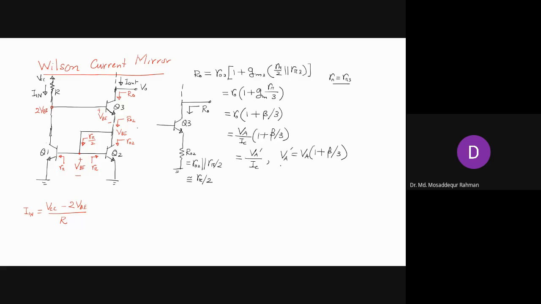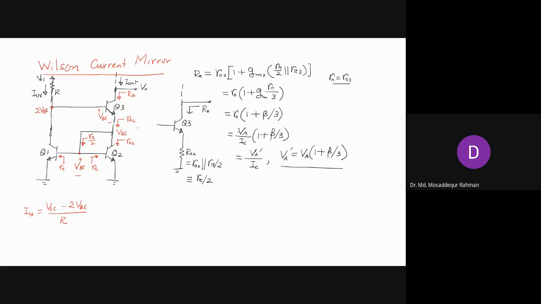Now this new early voltage has Va getting multiplied by 1 plus beta by 3. It's not as large as what we got for the cascode current mirror. In the cascode current mirror, it was multiplied by 1 plus beta, and it is now almost 1/3 of that, but it's still quite large, right?